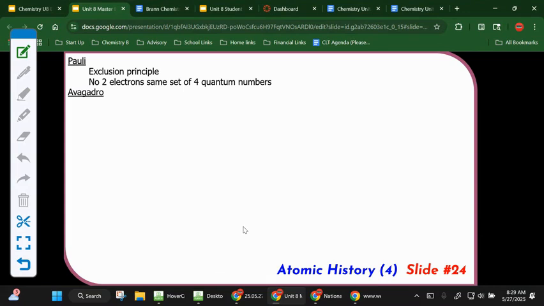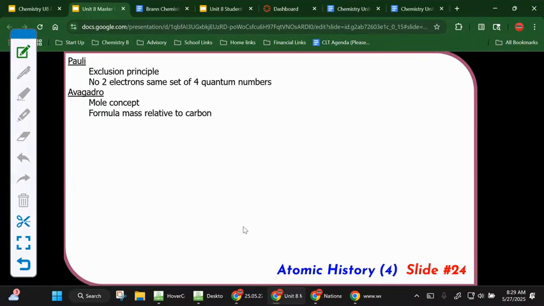Avogadro, we already have talked about him. He gave us the mole concept, formula mass of the elements on the periodic table are all related to one element, and that is carbon, ladies and gentlemen. Atoms are so small, we have no way of actually putting them on a balance and measuring their mass.